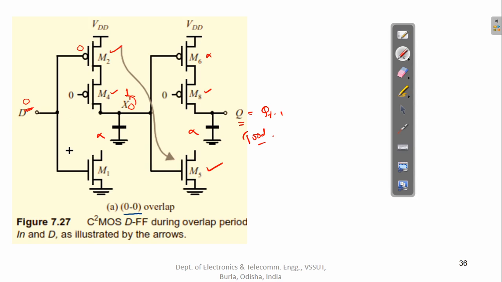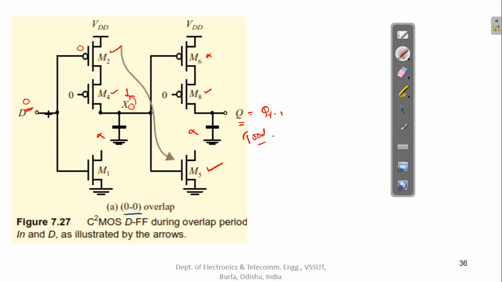So that's a normal operation, that whatever happens at that rising edge of the clock, the input is sampled to the output. That's a normal thing. But the good thing here is that under this 0-0 overlap condition, the input is not passing to the output directly.